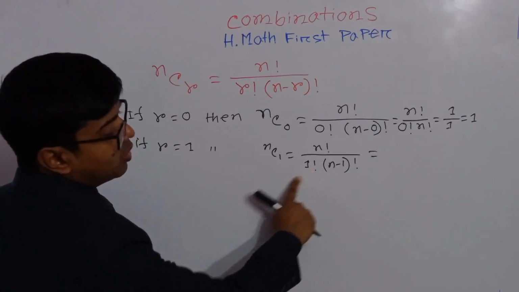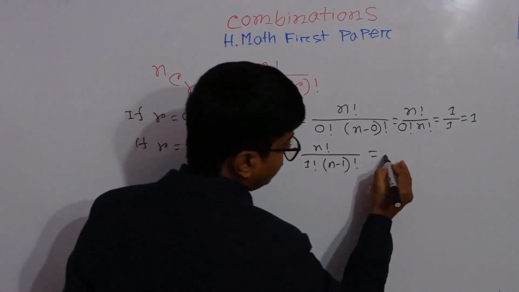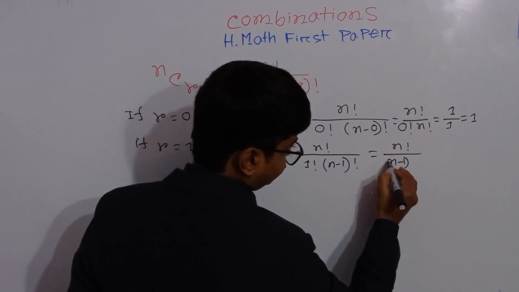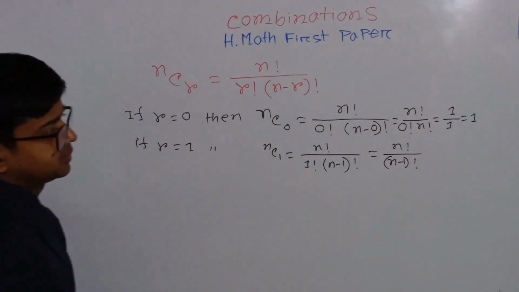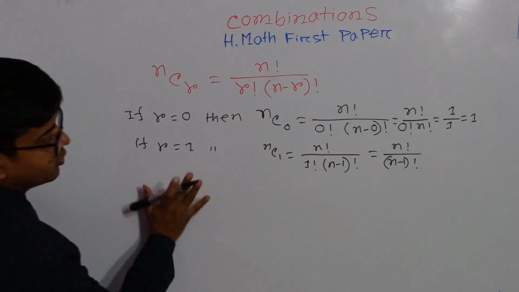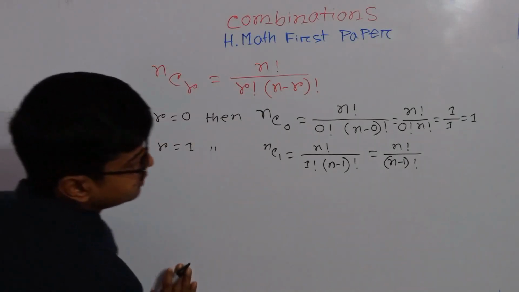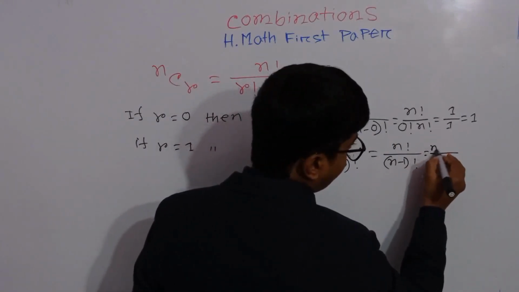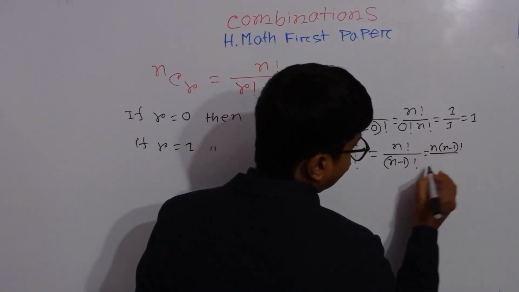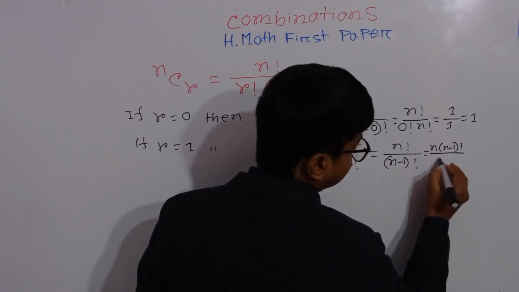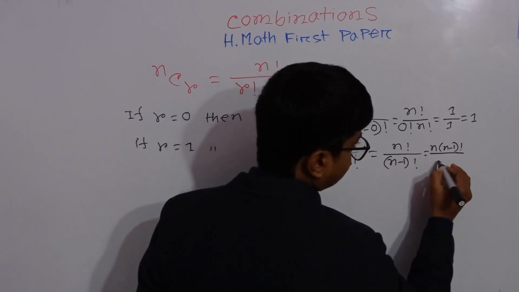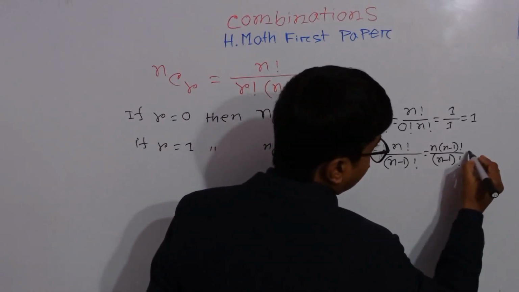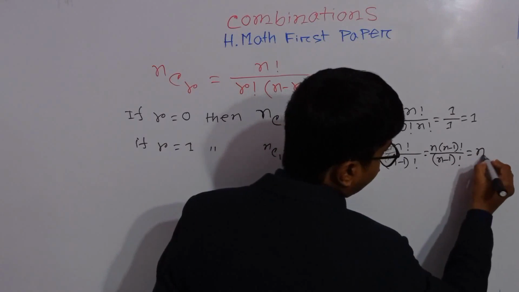The value of factorial 1 is 1, so our answer will be factorial n by factorial n minus 1. Now we can write it as n into factorial n minus 1, divided by factorial n minus 1, so it will be n.